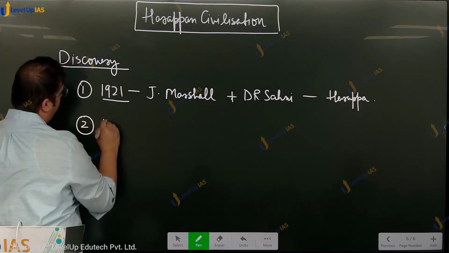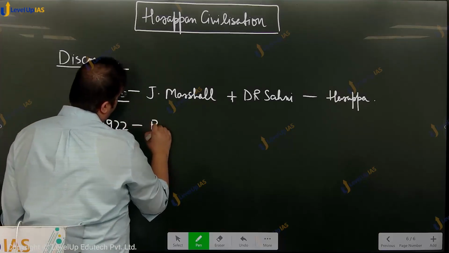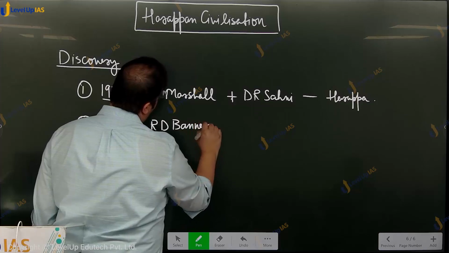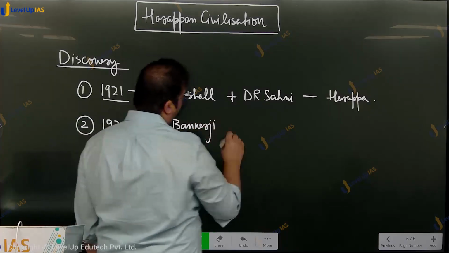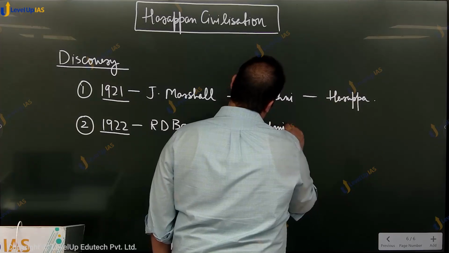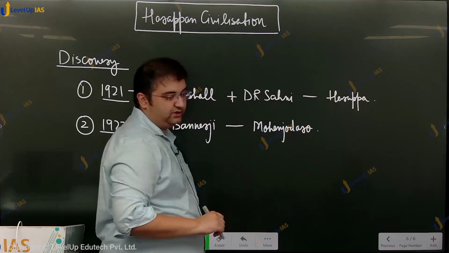And 1922: Rakhaldas Banerjee excavated Mohenjo-daro.